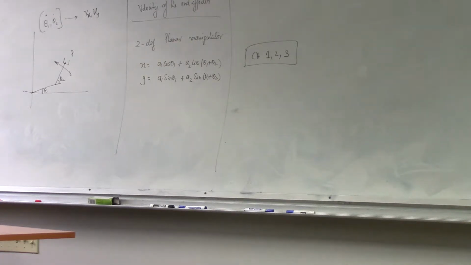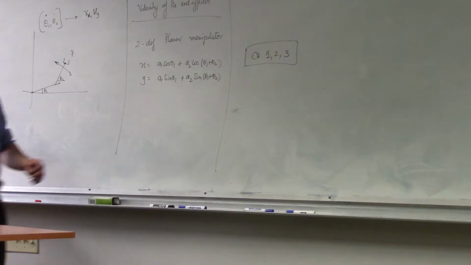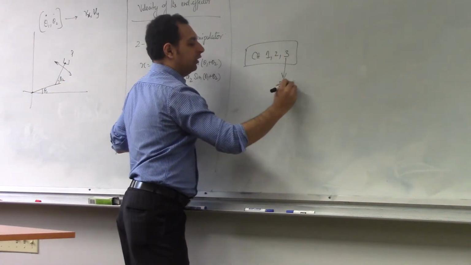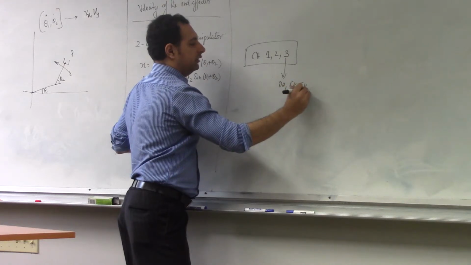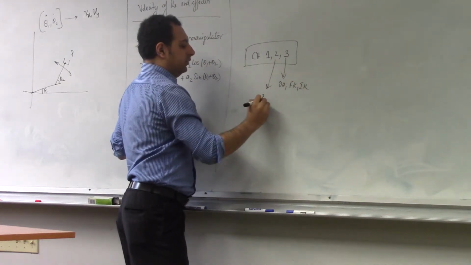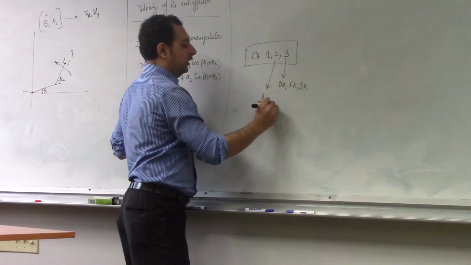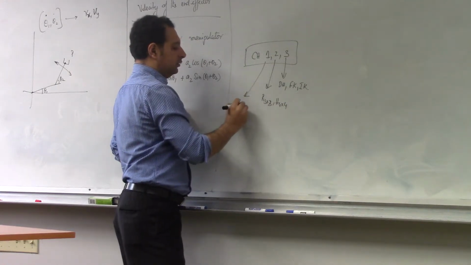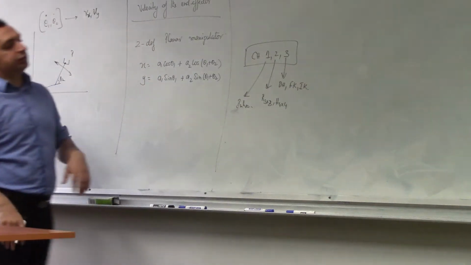I think the DH table is also a part of 3. So this is DH, forward kinematics and inverse kinematics. This is your R 3 by 3 and H 4 by 4. And this is your intro, basically the definitions and everything.